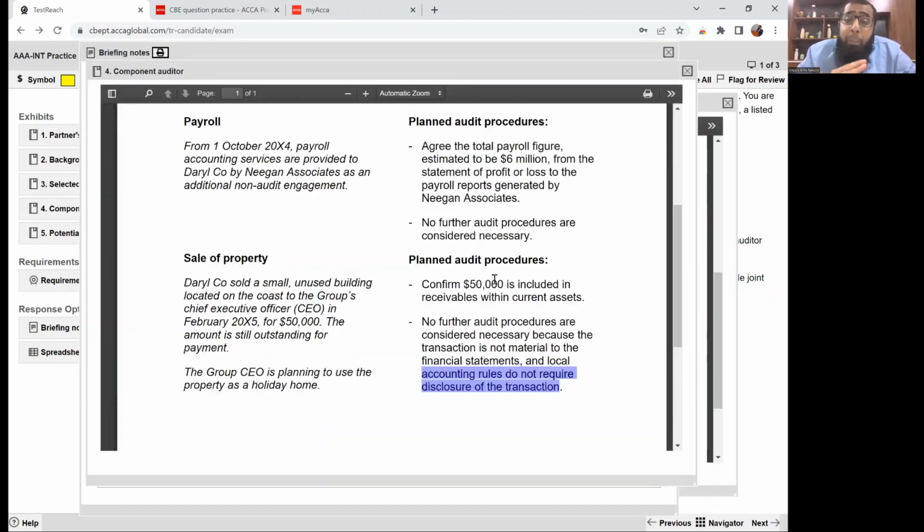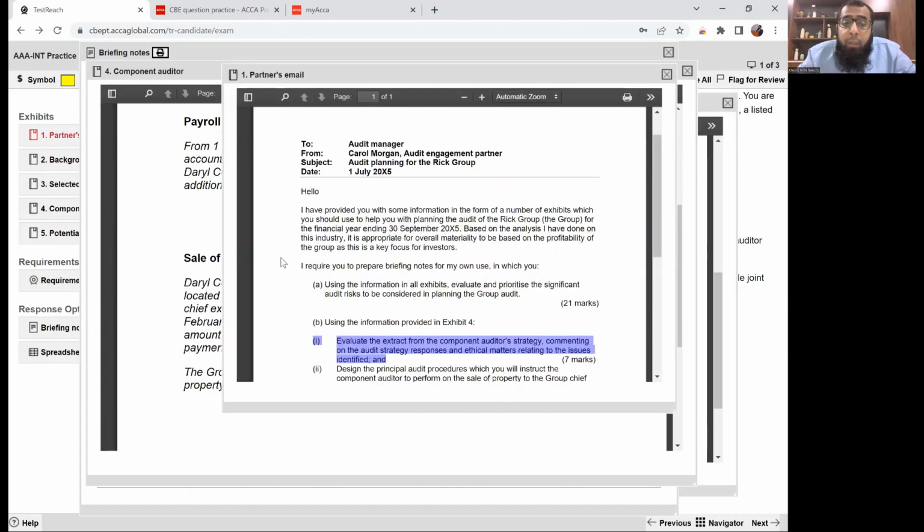But we'll be developing a detailed commentary on these things while we write the answer to part B1, where we have to evaluate the audit strategy. Since we have to use the audit strategy in requirement B1, I'm avoiding these points in audit risk, because otherwise there will be repetition in my answer.